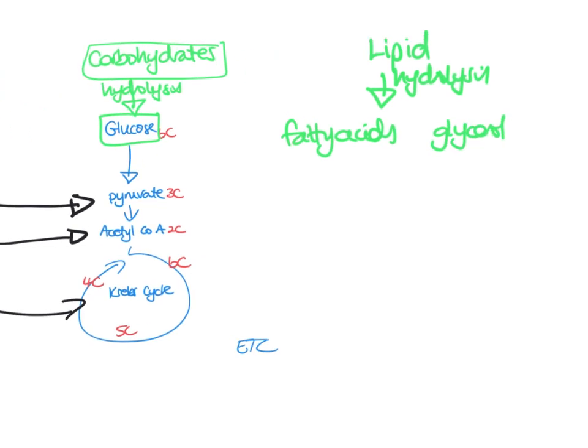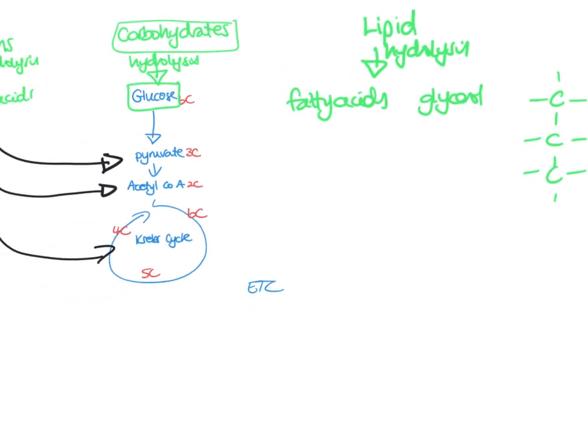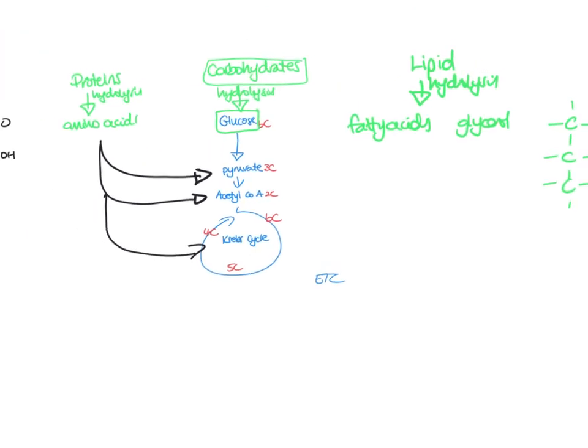So glycerol, we'll look at it first. It's the easy one. It's 3 carbons, and then hydrogen's coming off there. So if it's got 3 carbons, it can join at this stage here, just above pyruvate.